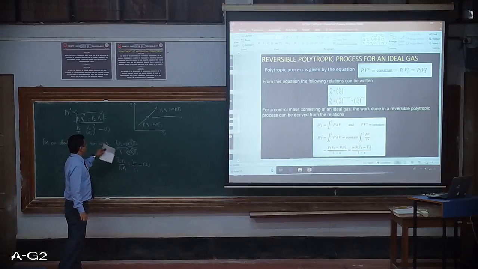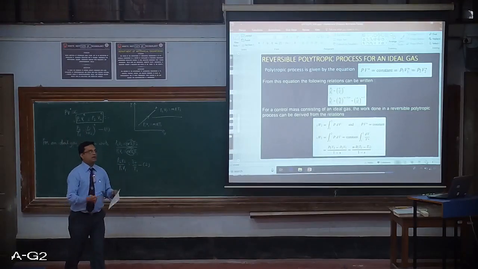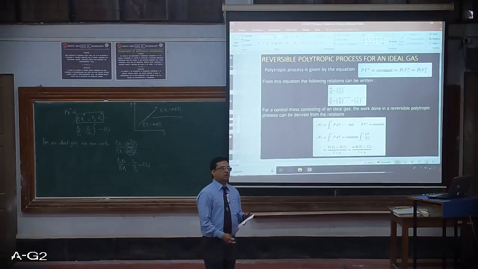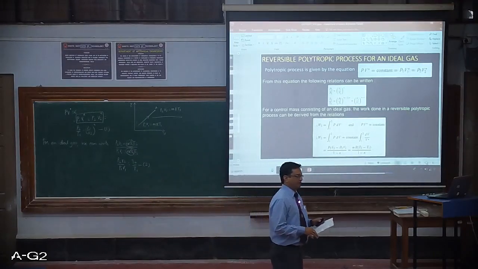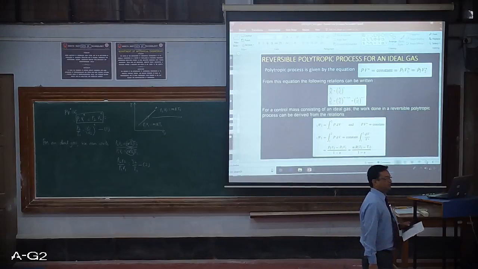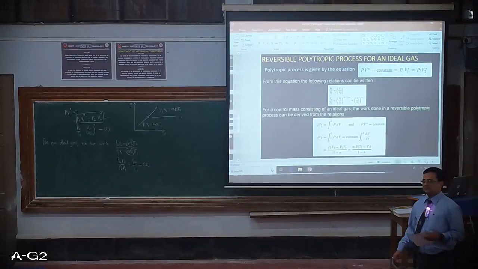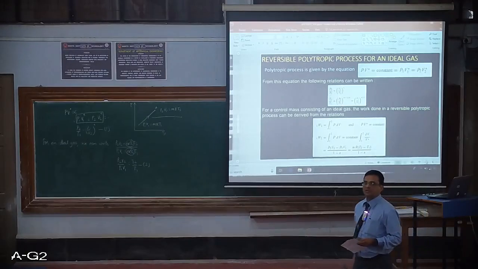So from these two equations 1 and 2 I need to develop the relation between the ratio of pressures, that is final pressure by initial pressure, in terms of the temperatures, that is final temperature T2 by initial temperature T1.